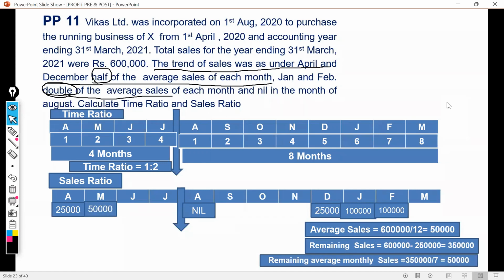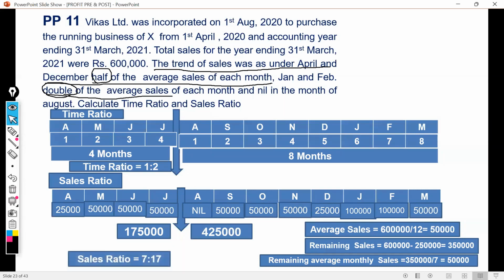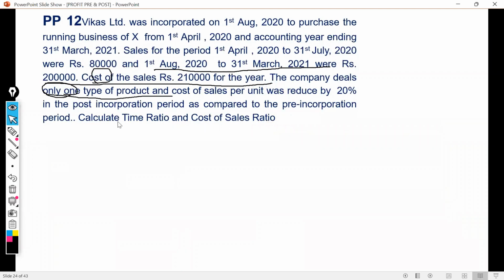Then we consider 50,000 for May, June, July, September, October, November, and March. After that, calculation of pre-sales 1,75,000 and post-sales 4,25,000. Then the sales ratio is 7:17.